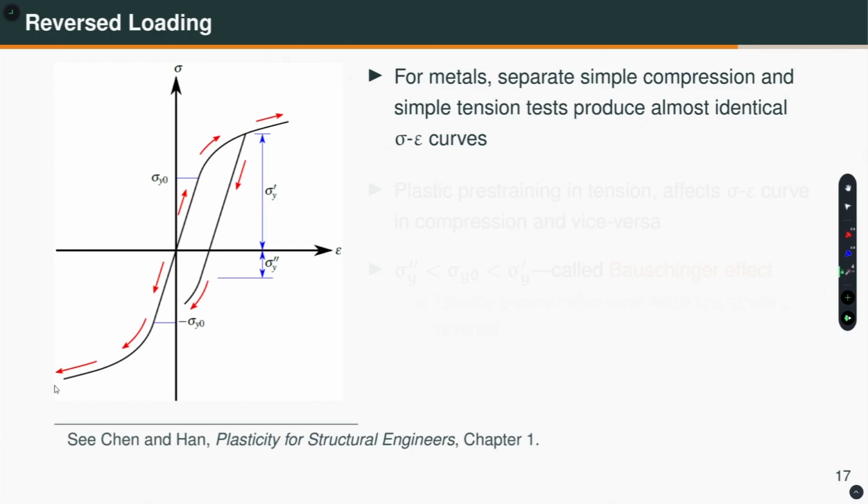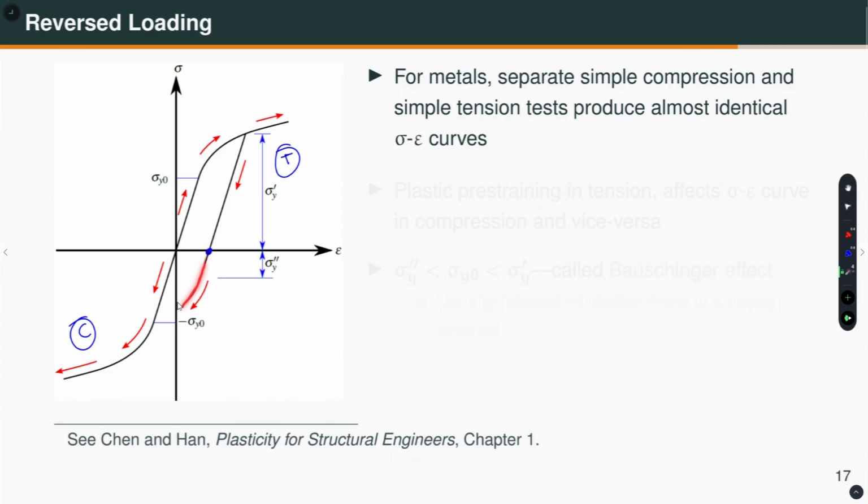Now, if I take it to, let us say, this point and decide to unload, so here my unloading is completed. Now, if I take it in the opposite direction, so let us say this is tension and this is compression. At this point I have unloaded, now I am taking it to the compression.